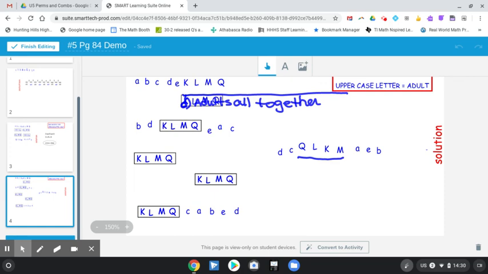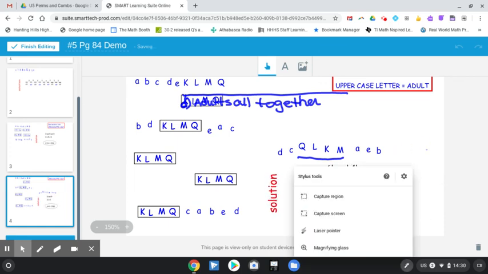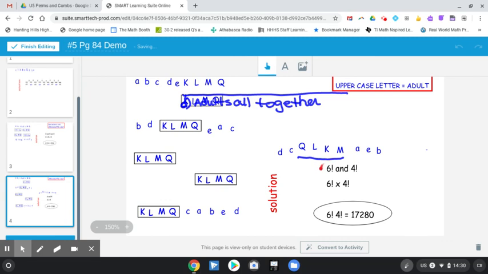So when we put all of that together, our solution, we have 6 factorial for the big picture, 6 elements that can be moved around, and the 4 adults can be moved around, so 4 factorial for them, and that means multiply.